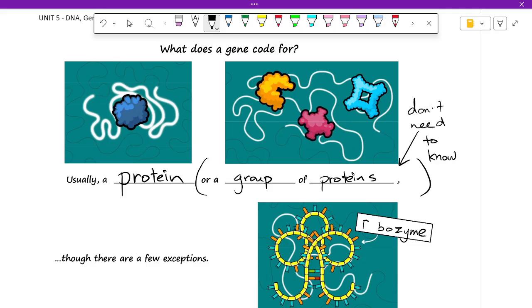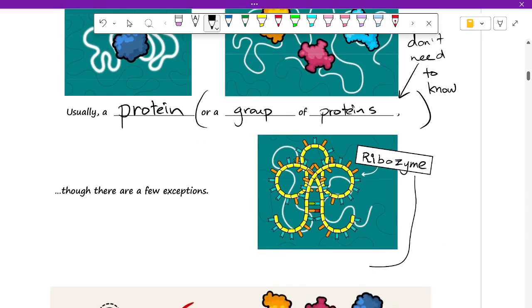Anybody want to guess what a ribozyme is from its name? It's an enzyme made from, not made of ribosomes, but something really similar.